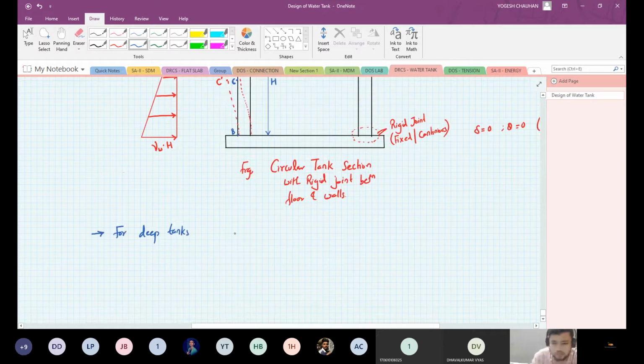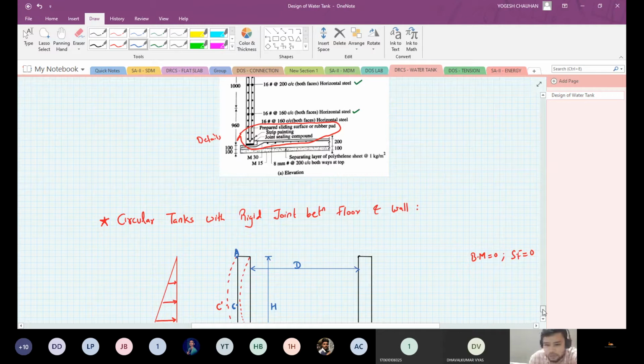For deep tanks with small diameter, that means your H by D ratio is much greater, or we can say H is much greater than D. In these tanks the hoop tension will be predominant, and the cantilever action will be very small.